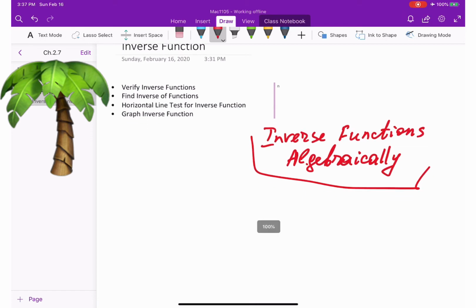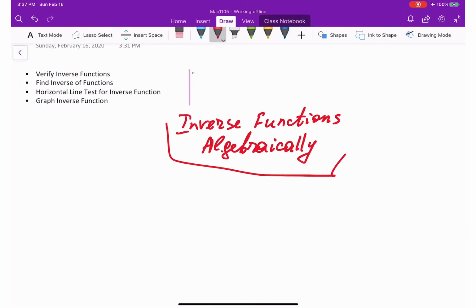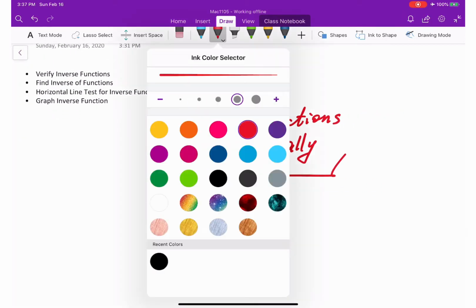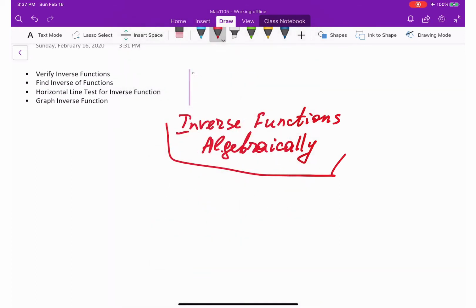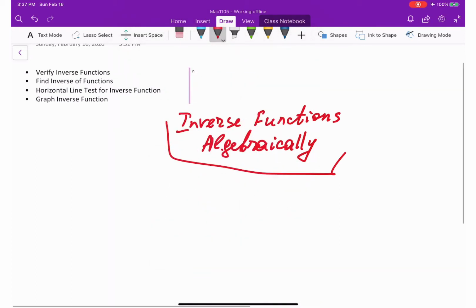Okay. So, here is the rule. We have f of x and g of x, two functions.